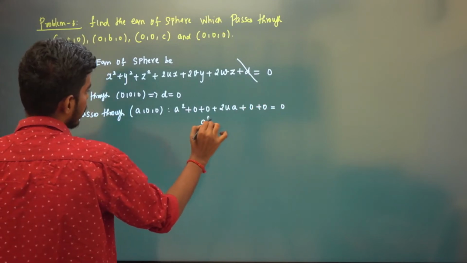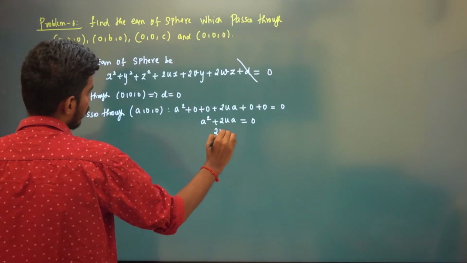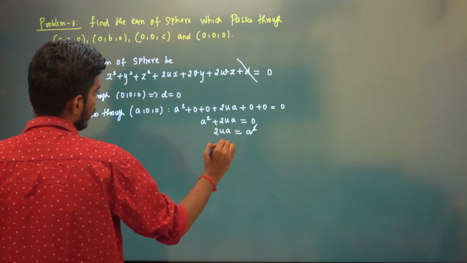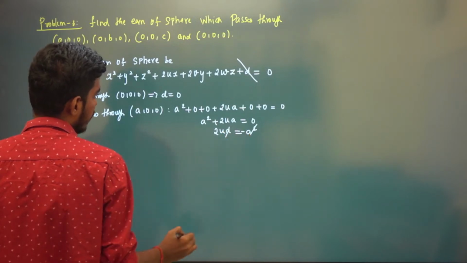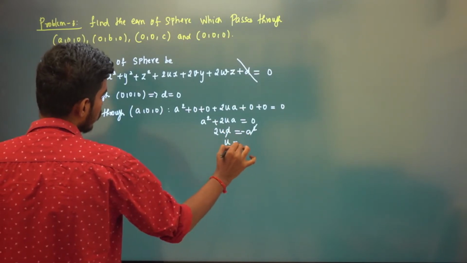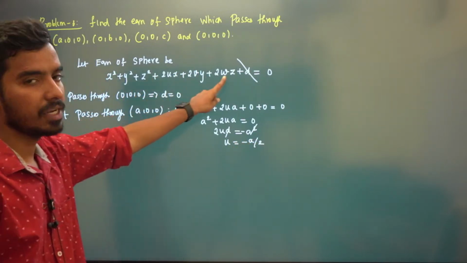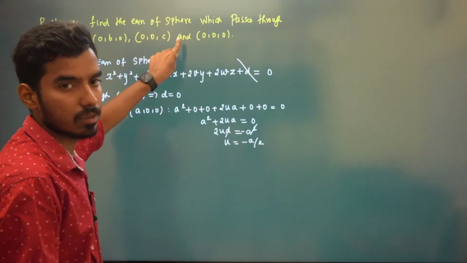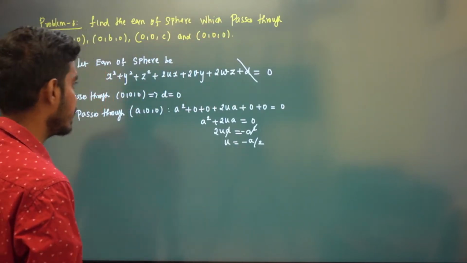So you will have a square plus 2ua is equal to 0. So 2ua is equal to minus a square. So you have u to be equal to minus a by 2. I'm just trying to find u, v, w in terms of a, b, c because a, b, c we can get from the question. So u is minus a by 2.